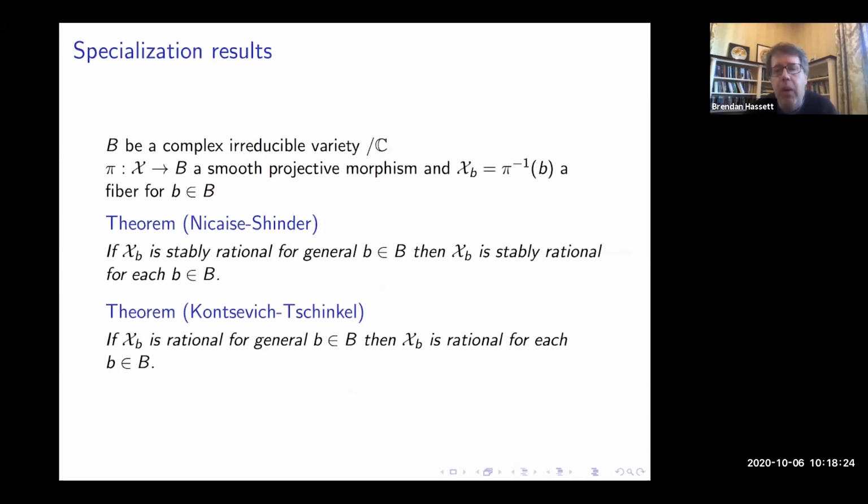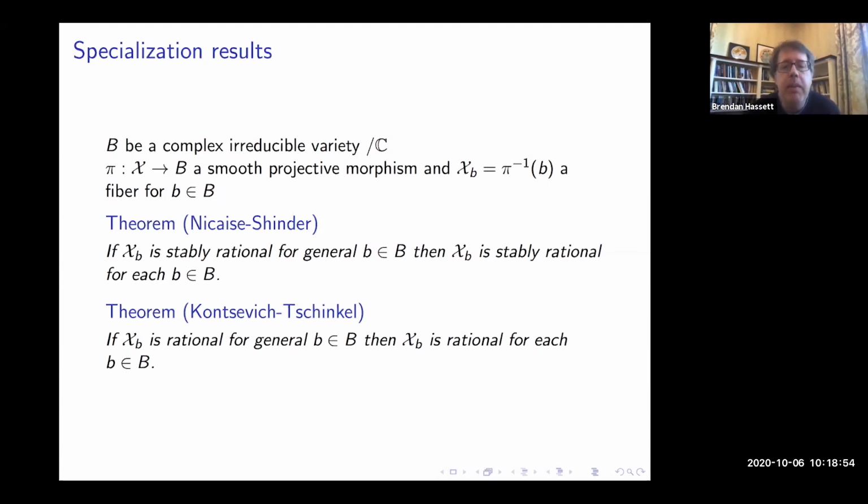I will always focus on smooth projective varieties, and I'm not going to allow singularities except with one small exception. We're going to let X_b be the fiber over a point b of the base. The base will always be irreducible, or at least connected, over the complex numbers. We're really interested in properties that are constant in connected families. So we could take B to be smooth and irreducible without any harm.